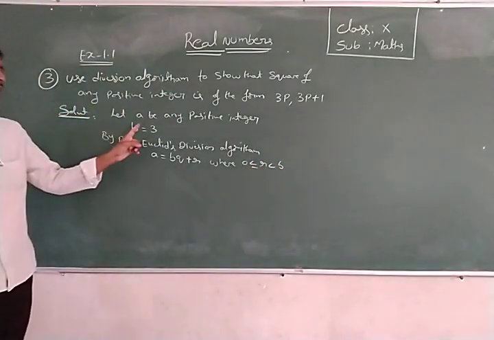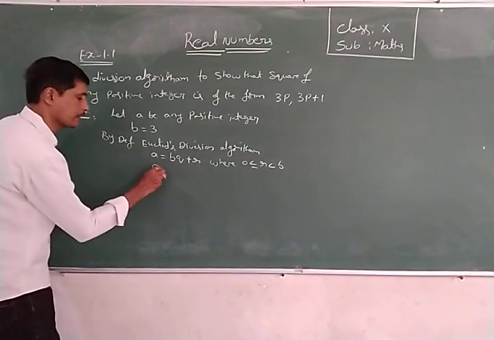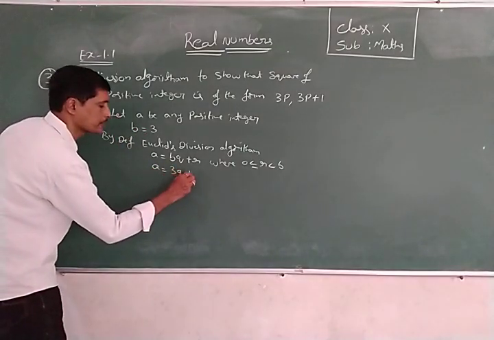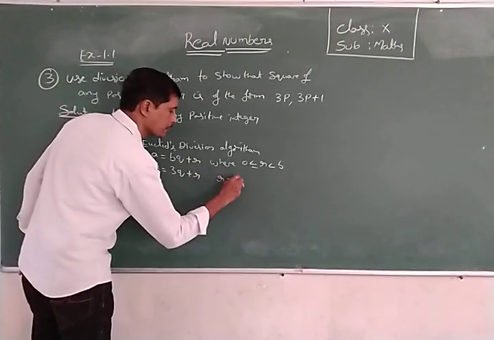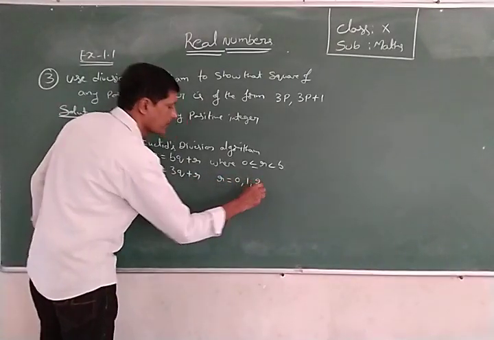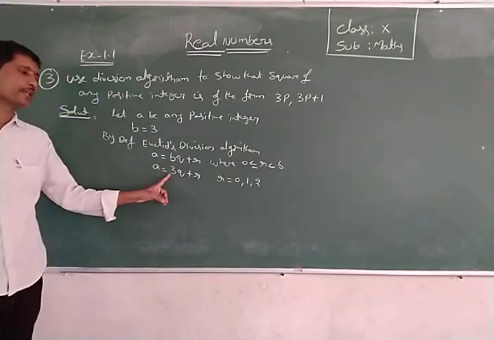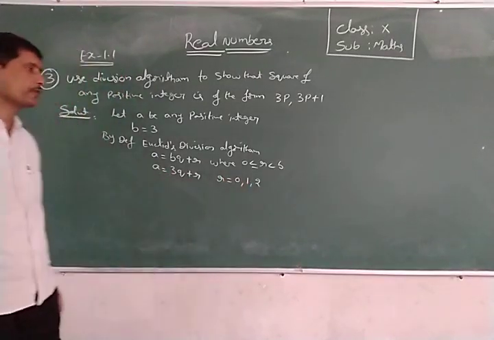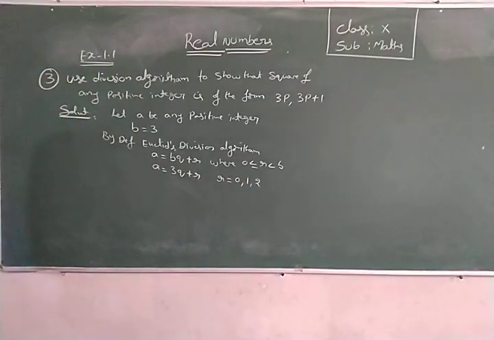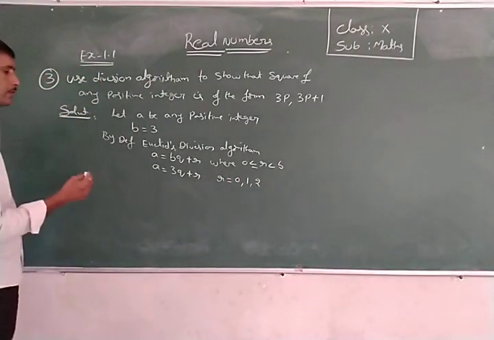In place of b, here 3 is there. Therefore, a equals 3q plus r. Here remainders are r equal to 0, 1, 2, since b is 3. Therefore, we take r equal to 0, r equal to 1 and r equal to 2.